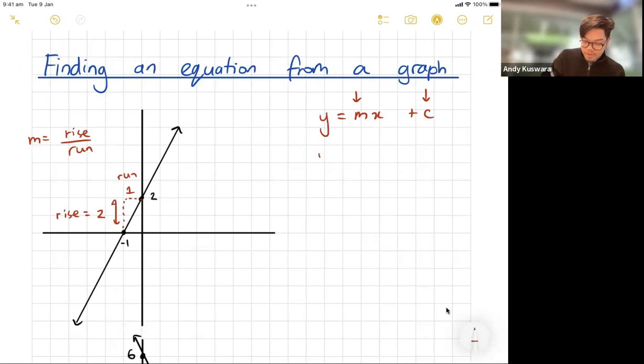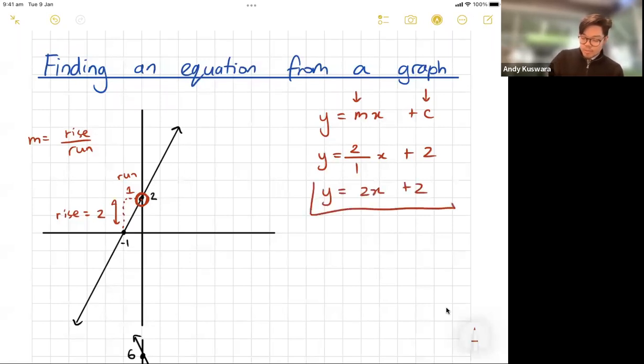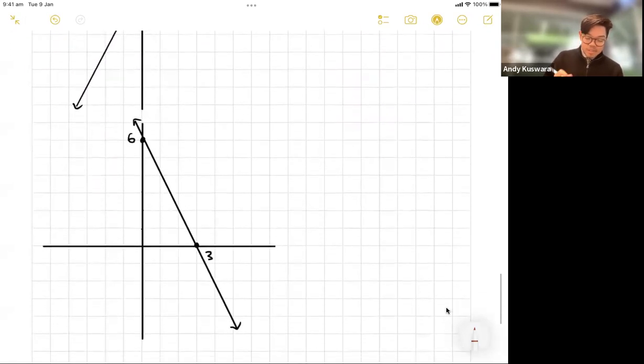So my gradient is 2 over 1, times x, and then plus c, which is my y-intercept, where it cuts the y-axis. In this case, it's positive 2. Simplifying this, I can write y = 2x + 2, and that would be my equation of a line.